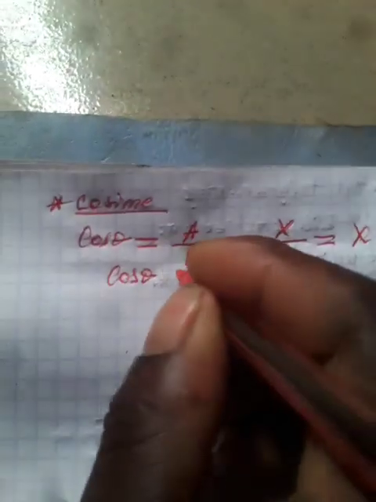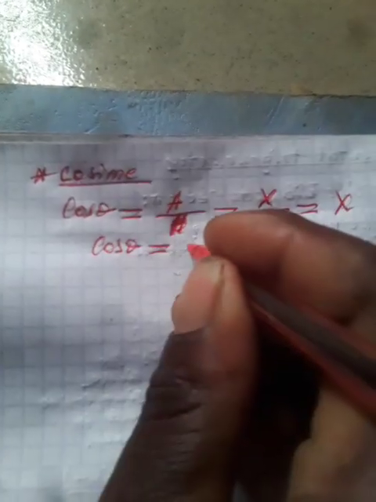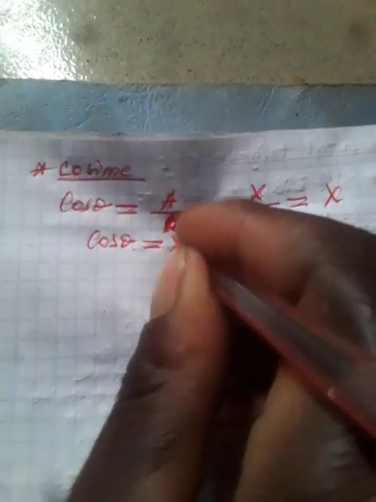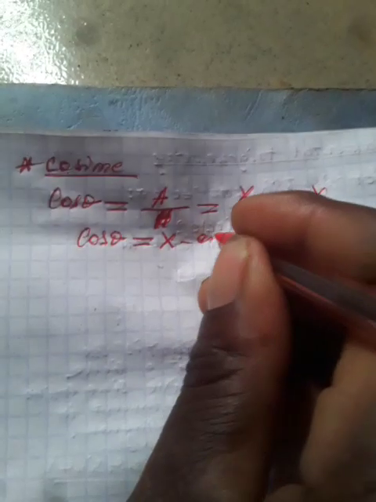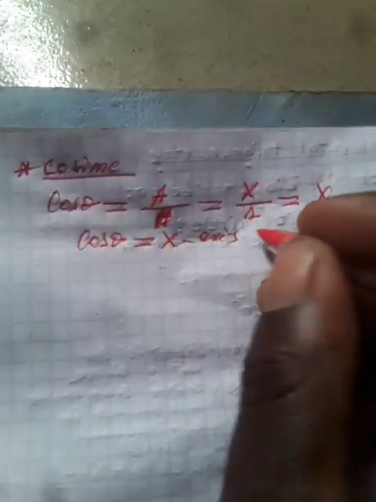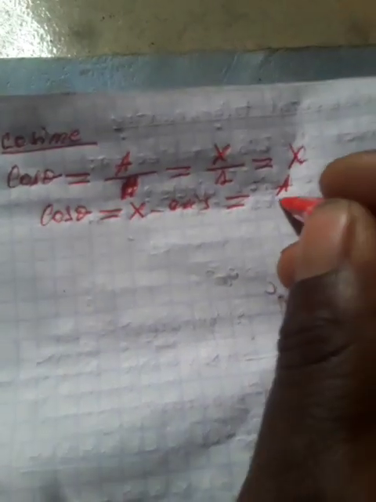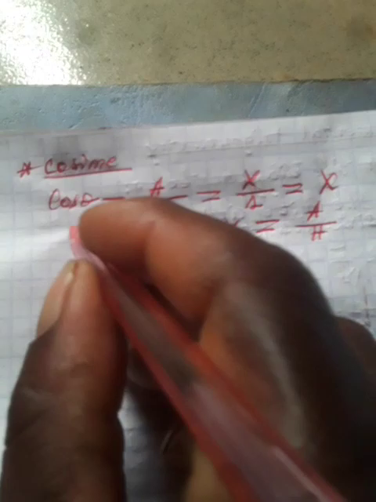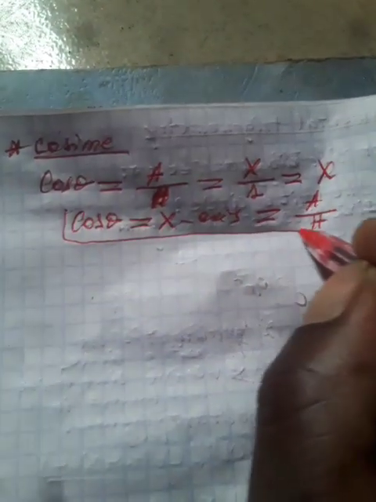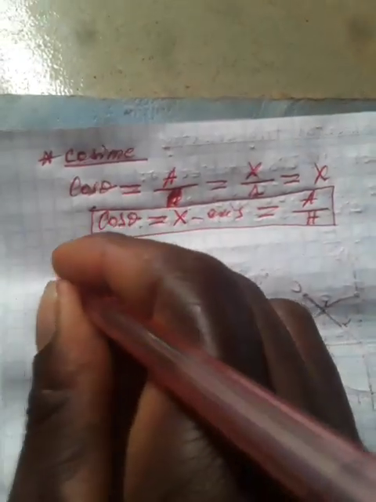It means that cos theta is equal to the x-axis and is equal to adjacent side over hypotenuse side. This is the definition of cos.